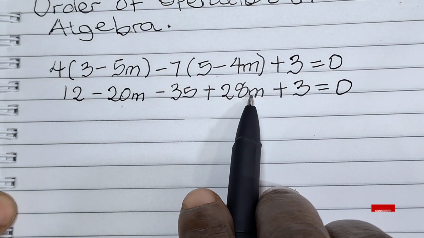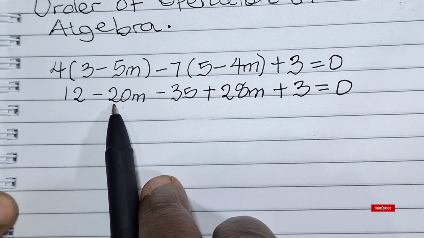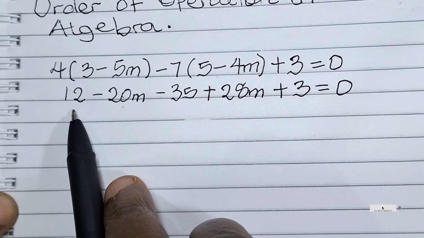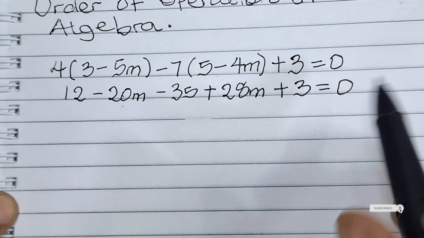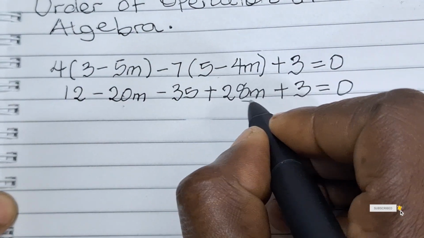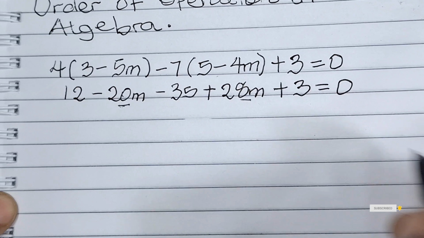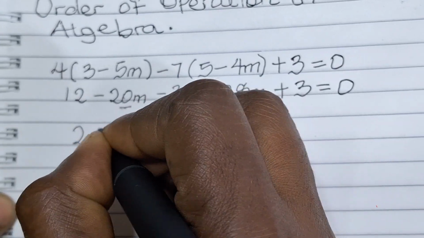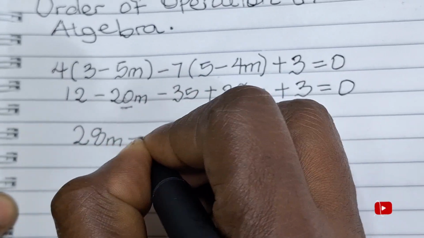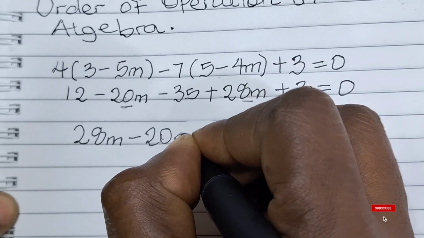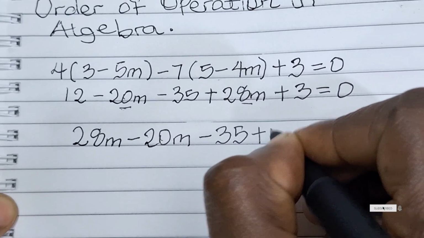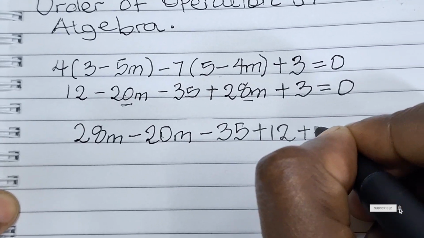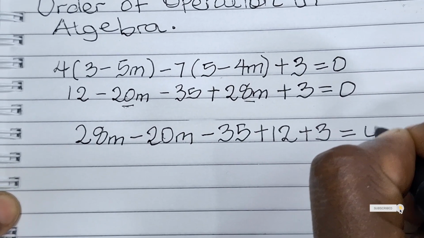I see 28m, I see negative 20m. I see 12 minus 35 plus 3. So all these two are like terms. So I can do 28m minus 20m minus 35 plus 12 plus 3 equals 0.